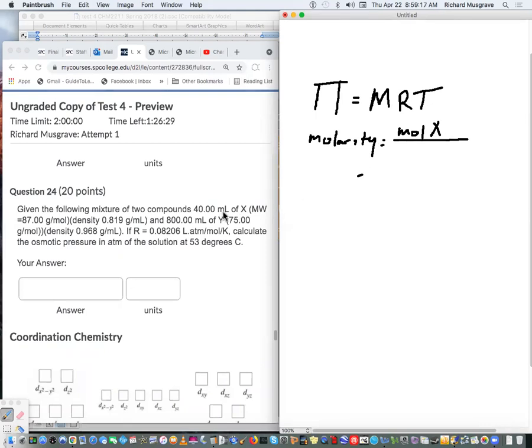Looking at that, I can see that it's given in volume, so it's a liquid, which means it's going to be volume of solution, which means it's volume of X plus Y in liters. Okay, so we've got our volume of X here, so that needs to be converted into grams.